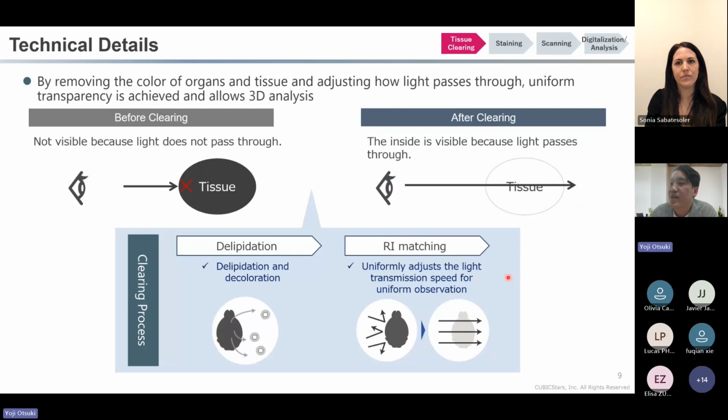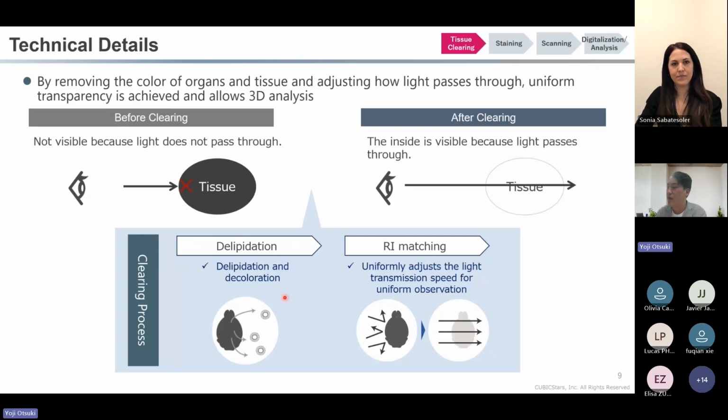Here's what is unique in the tissue clearing. In order to see inside the body, if there is color, obviously we cannot see inside. So firstly, we remove color and fat from the organs, which is called delipidation.